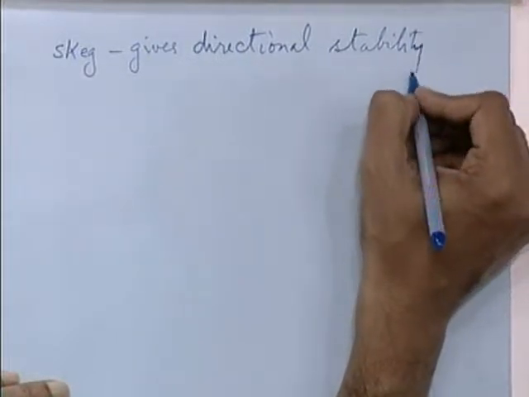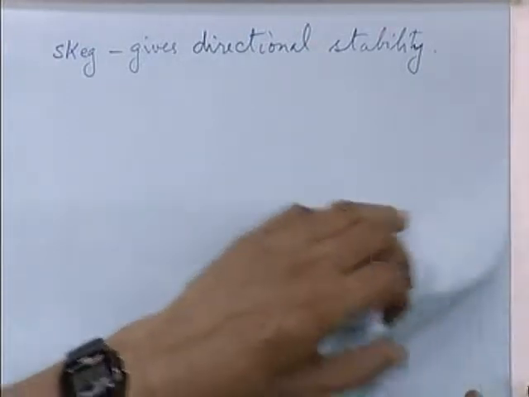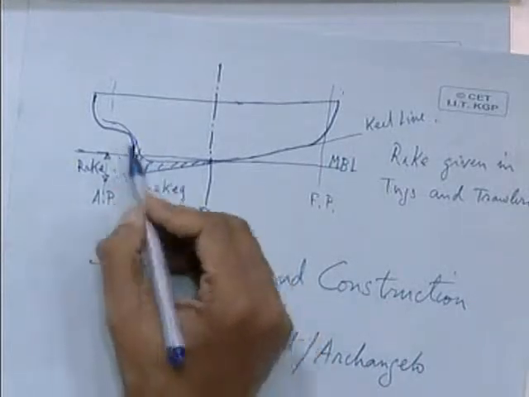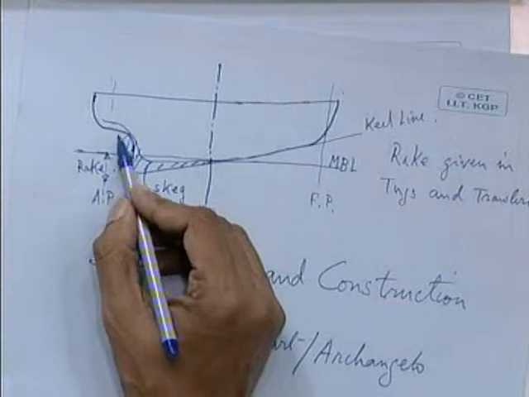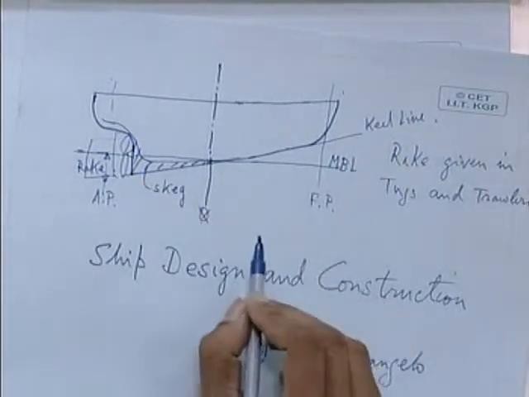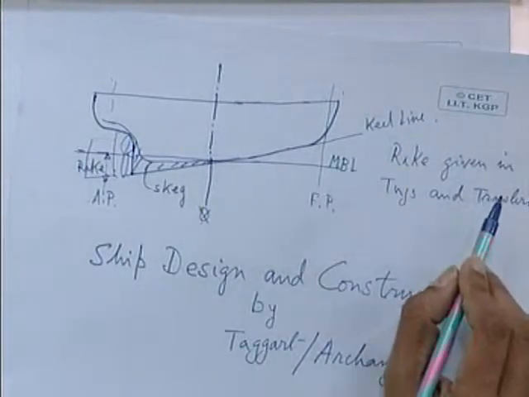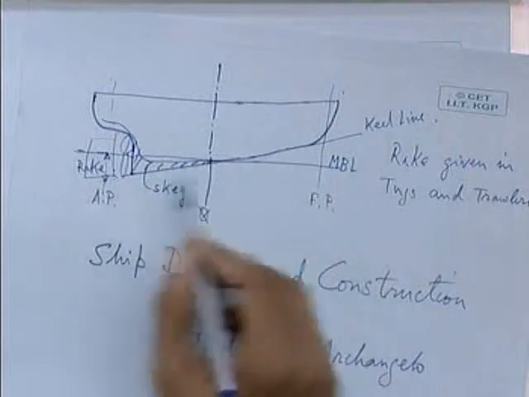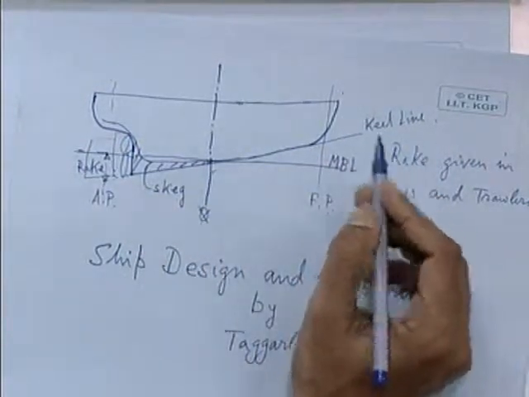Actually, small vessels may not be directionally stable. It is very difficult to keep them on course unless there is a skeg at the after region at the propeller end. So, this is your propeller and you have your rudder here. The skeg is given for directional stability and ease of taking out the vessel from the beach if it has grounded.